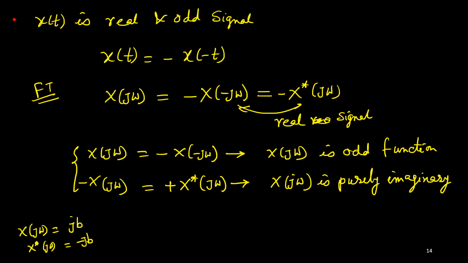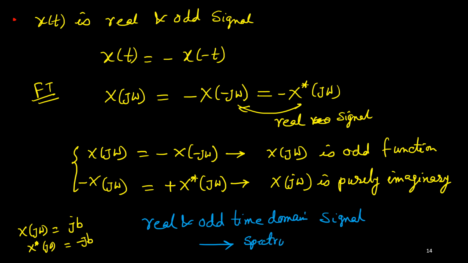So if I combine these two together, then we can write that for a real and odd time domain signal, its spectrum is purely imaginary and an odd function.